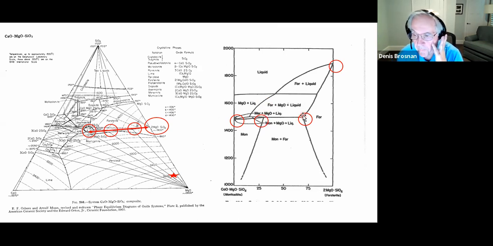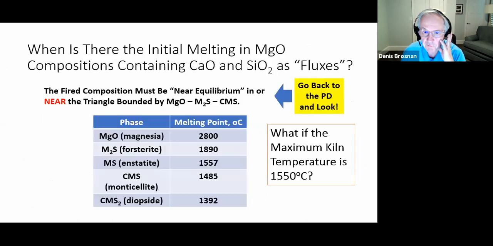And nevertheless, you can see that liquid forms right about here in temperature space, and that's right about the melting point of monticellite. So nevertheless, we're going to use the larger compatibility triangle in figuring out what's going on. But we can have two-component diagrams that we can refer to that go across three-component diagrams. And we can use those.